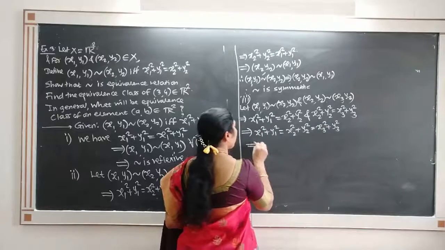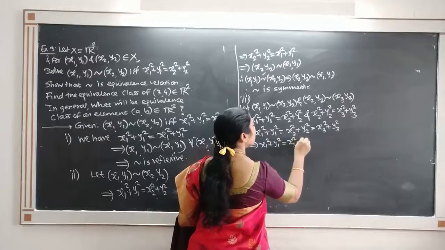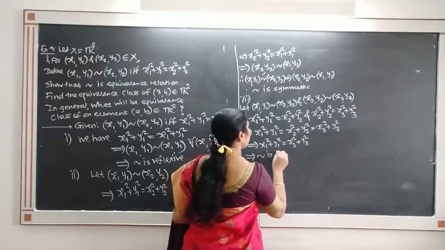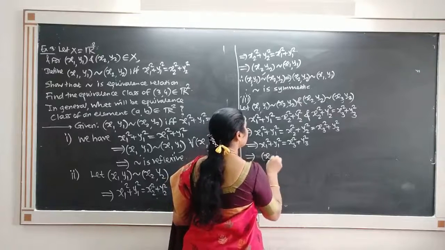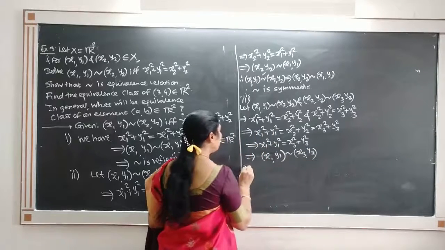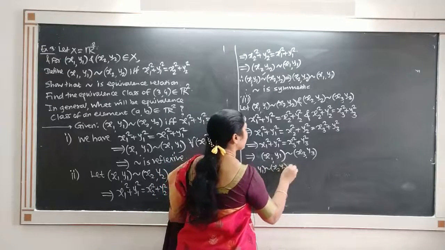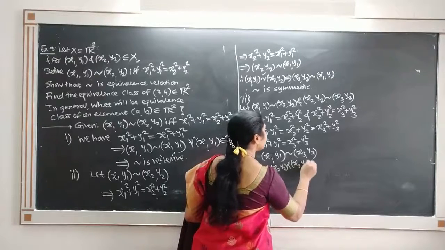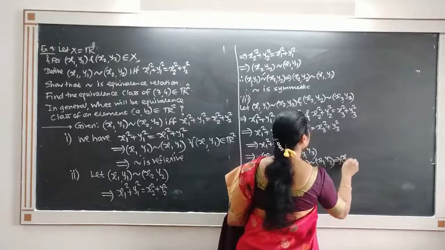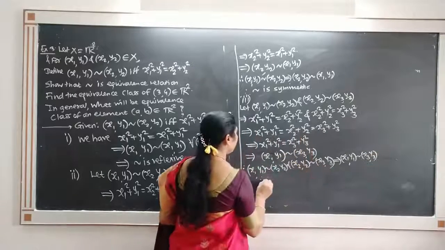So obviously x1 square plus y1 square is same as x3 square plus y3 square, which implies that (x1, y1) is also related with (x3, y3). Thus the relation is transitive.